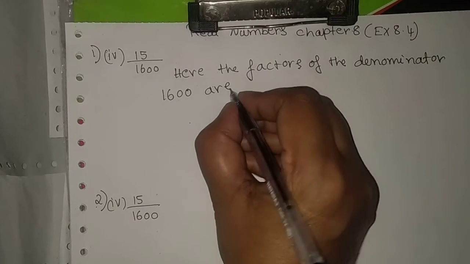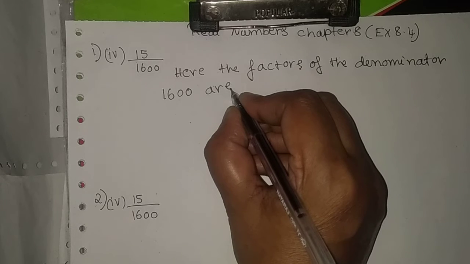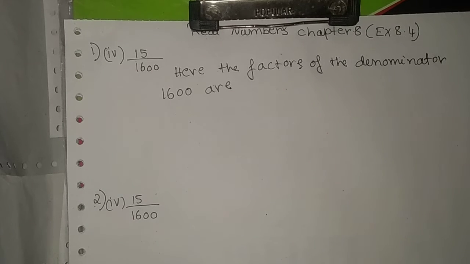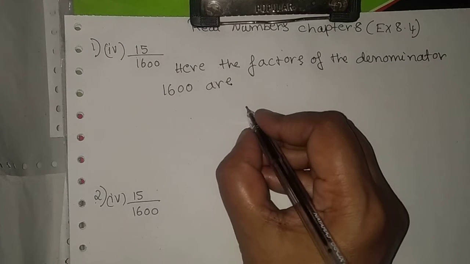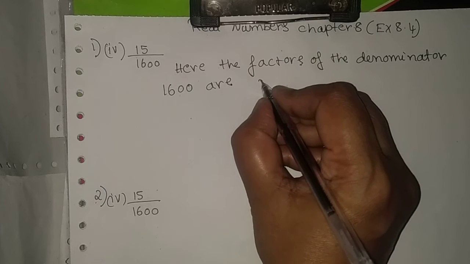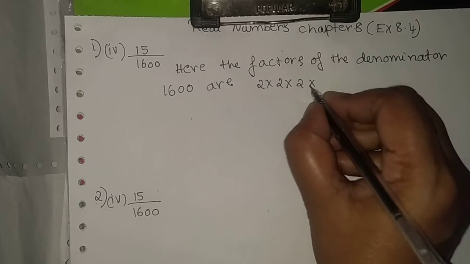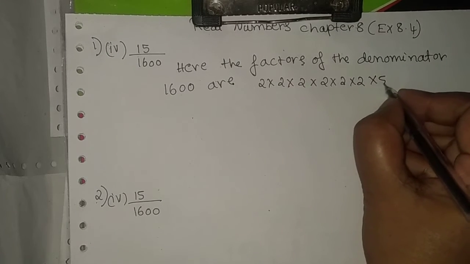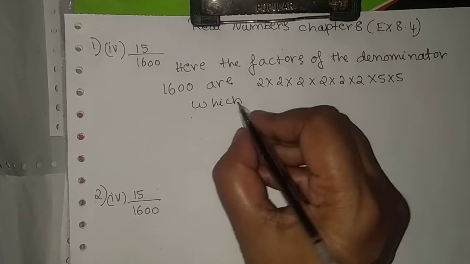As we did in the previous class, we got 2 to the power of 6 and 5 square. So you have to write in this form, 2 power 6 into 5 square. Factorize and see, we will get this back.